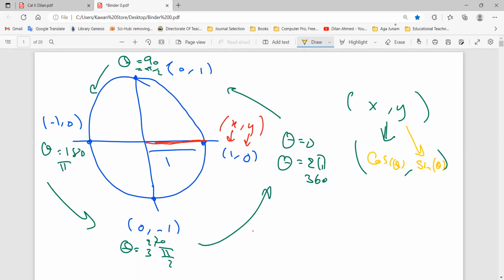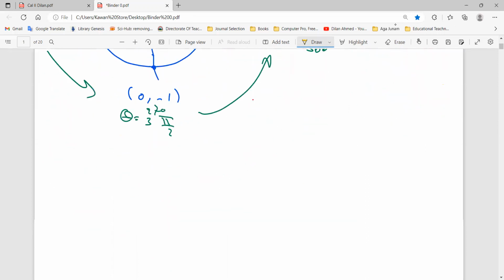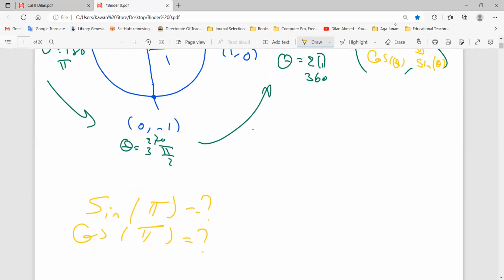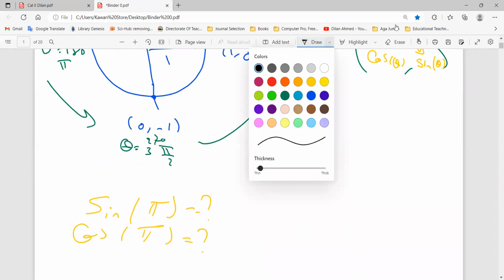So we are going to use this chart, this circle, to evaluate the angle. What do I mean? For example, without memorizing and without using a calculator, how do you know what sine of pi is equal to, or cosine of pi is equal to? As usual, we go to the angle here.